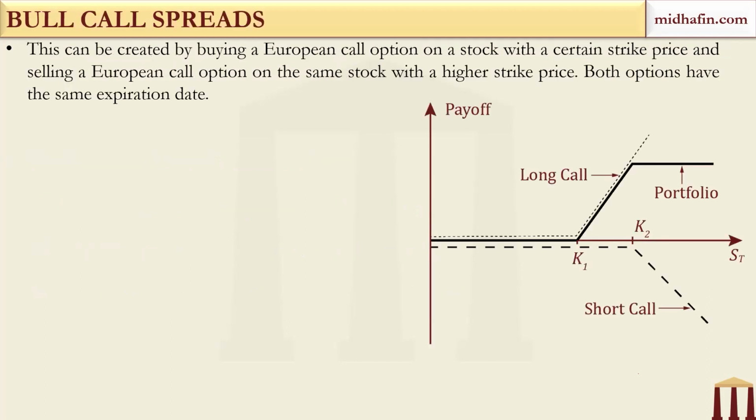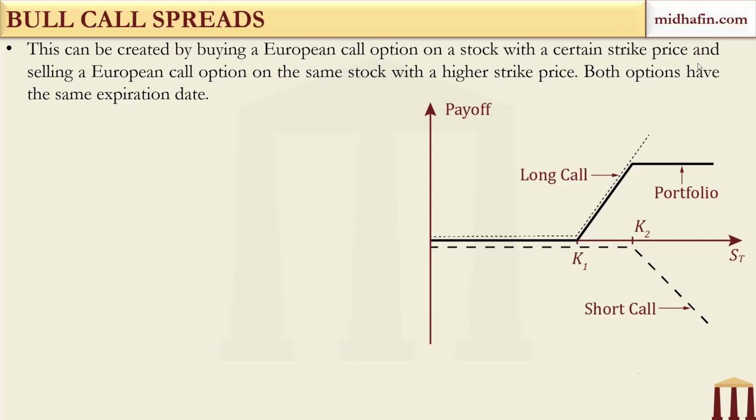Now let's understand certain spread trading strategies which are important from the examination perspective. So the most common one is the bull call spread. As the name suggests, this is a spread strategy which you will implement when you are bullish about the market, when you have a bullish feeling about the market. And call means this spread is created using only call options.